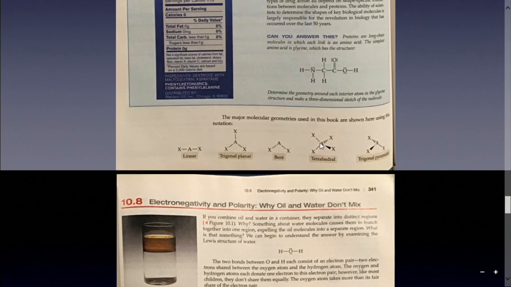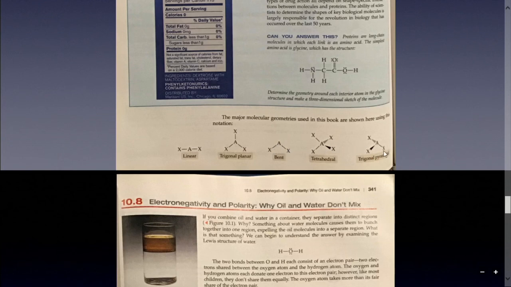Like here's a tetrahedral. These two are just in the plane of the paper, but this X is going away from us, further into the page, and this X is actually coming closer to us. And that's how we end up with that tetrahedral shape, so that you can almost visualize it in your mind. Here's a bent shape where both of them are in the plane of the page, right?